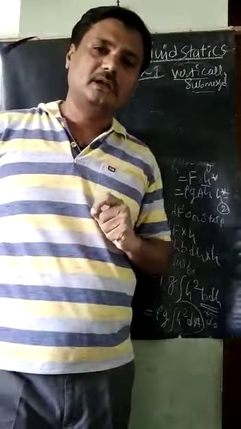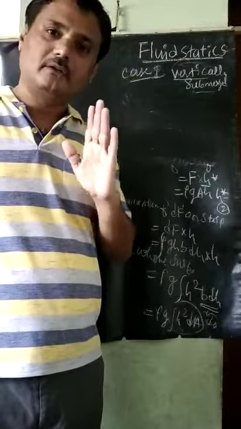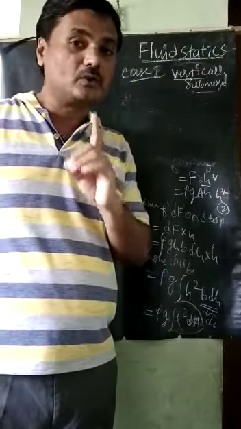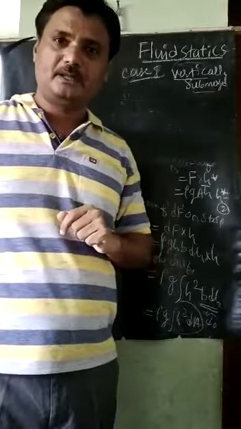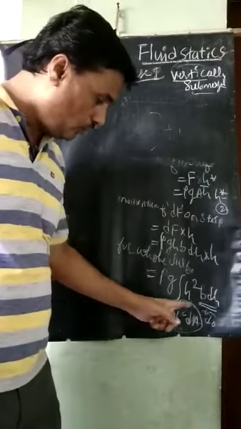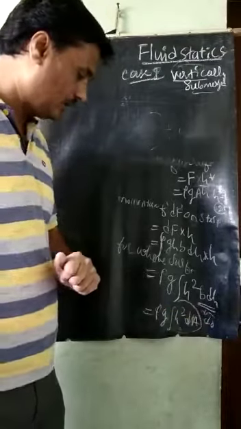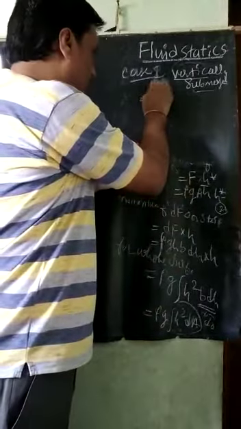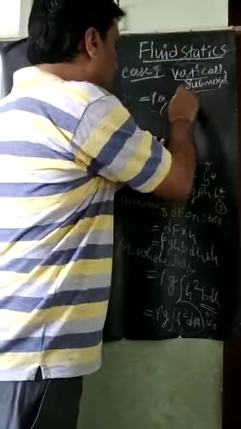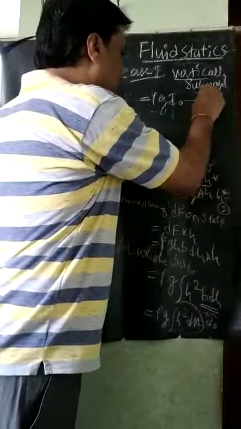I naught means the second moment of inertia of the free surface about the axis passing through the CG of that surface. This is called the second moment of inertia. Therefore the whole term, the integration of h square into dA, will be replaced by I naught. So I will replace it here: rho g times the whole term replaced by I naught. Call this equation number 3.